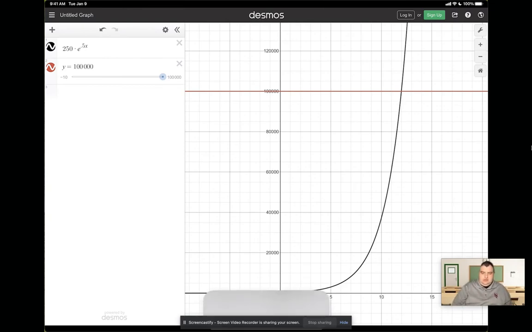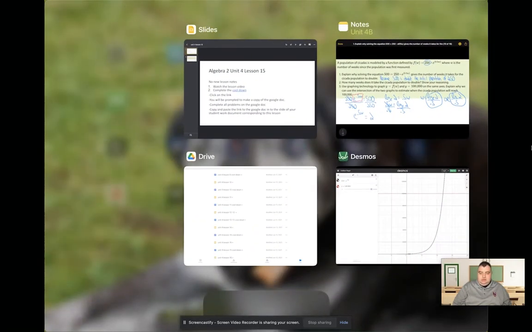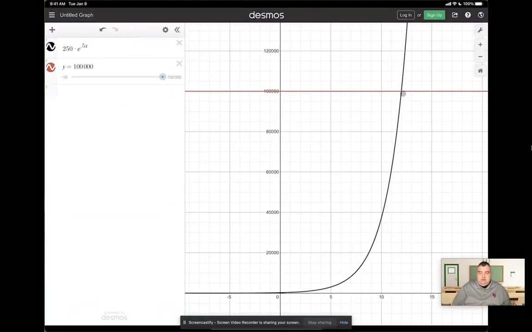So there's the graph. The question says, explain why we can use the intersection of the two graphs to estimate when the cicada population will reach 100,000. The intersection of these two graphs is going to be the point at which the population is 100,000.